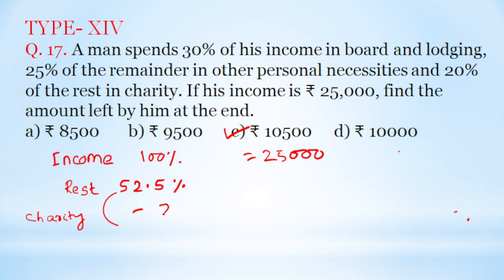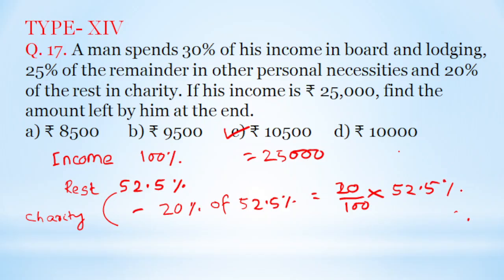So 20% of 52.5% is equal to 20 by 100 into 52.5%.